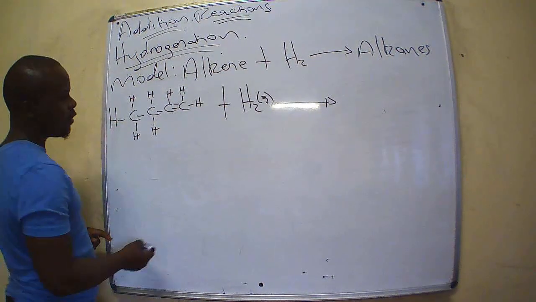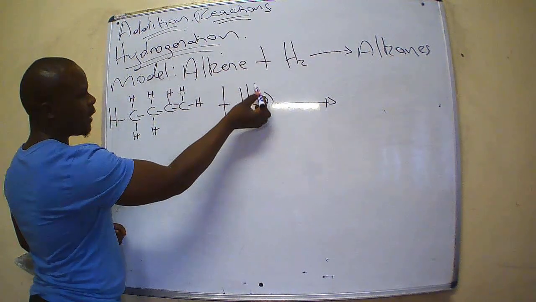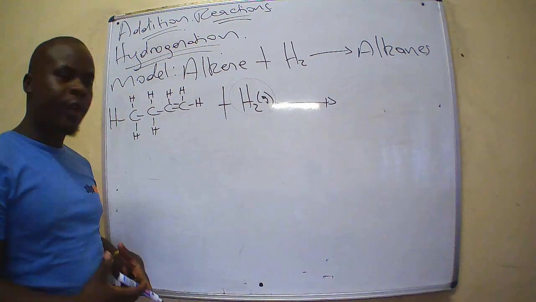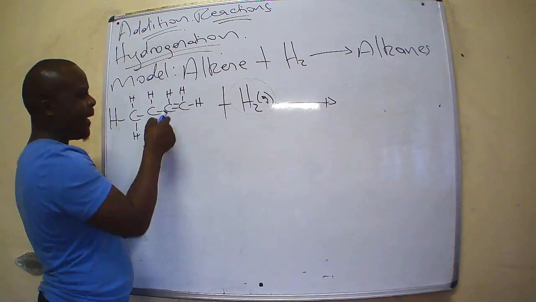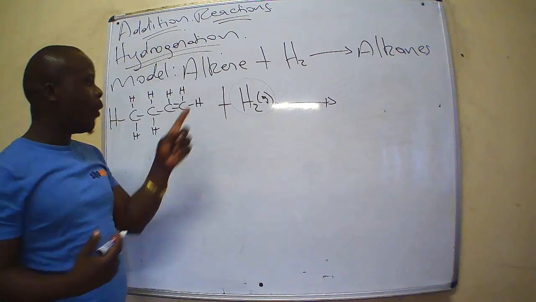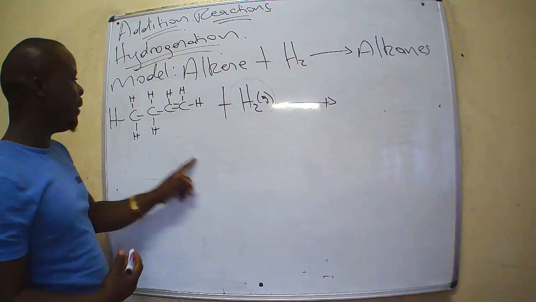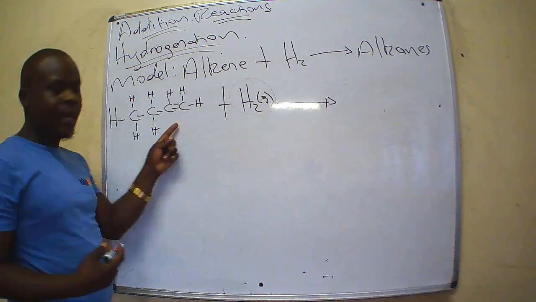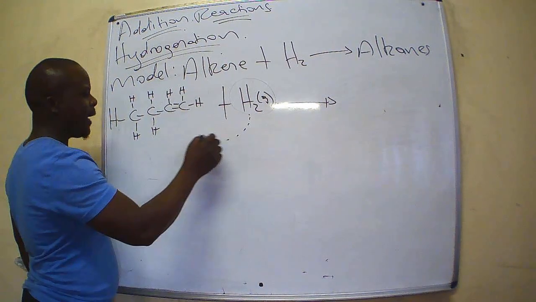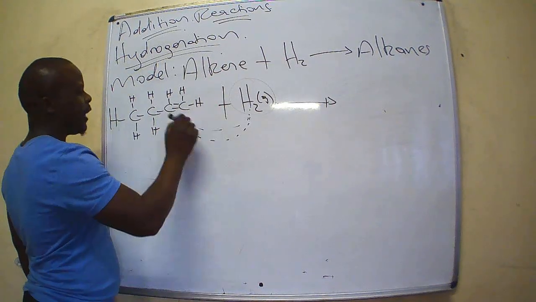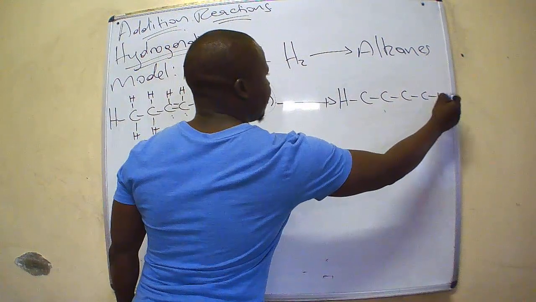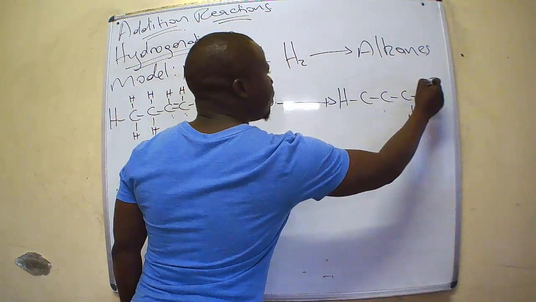You can see that we have two atoms of hydrogen, and both of them are going to be added. Hence, that's why we call them addition reactions, because both of these atoms are going to be added to these two carbon atoms here, thereby breaking the double bond. One hydrogen atom comes here, another hydrogen atom comes here, which means the double bond is broken.